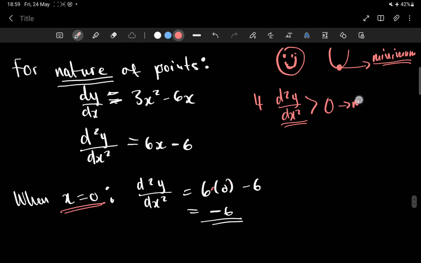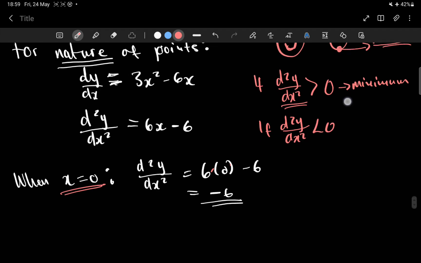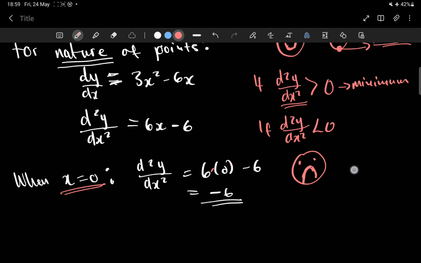So this leads to a minimum because the curve is smiling. If d2y dx squared is less than 0, is it going to be happy? No, it's going to frown. And when it frowns, this is a maximum turning point, because it will turn at its highest position.